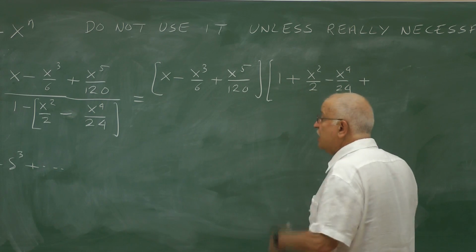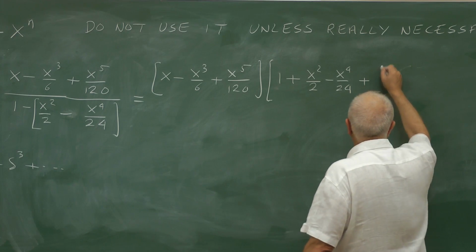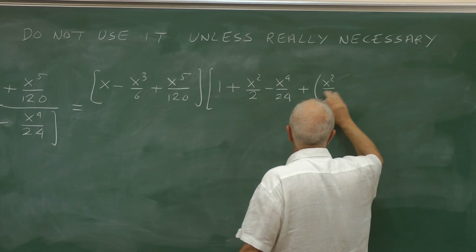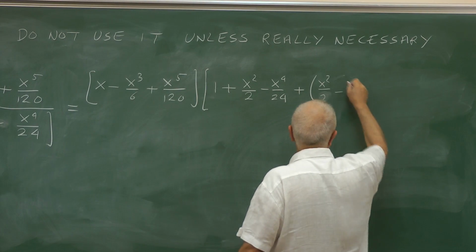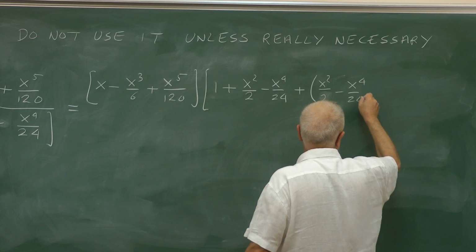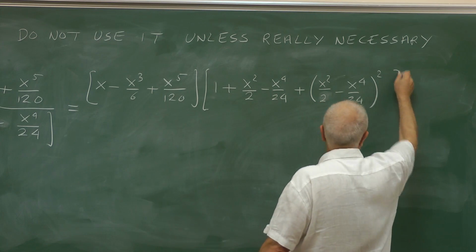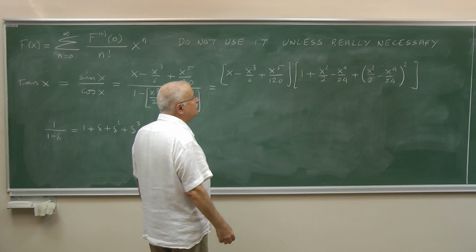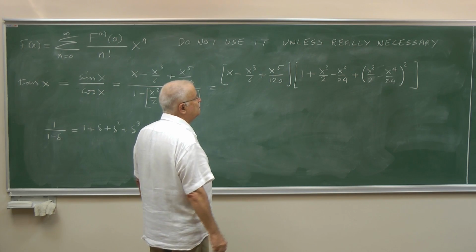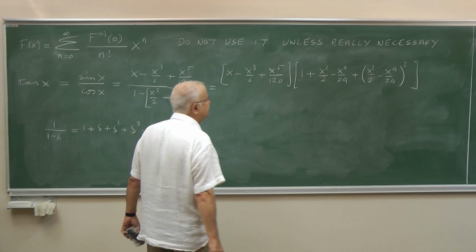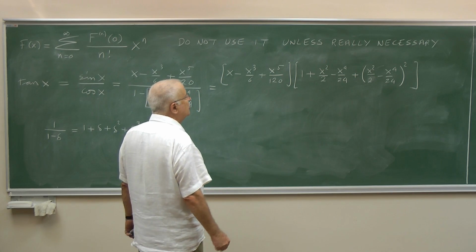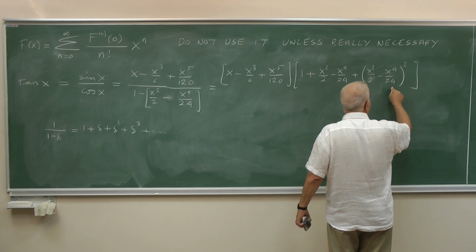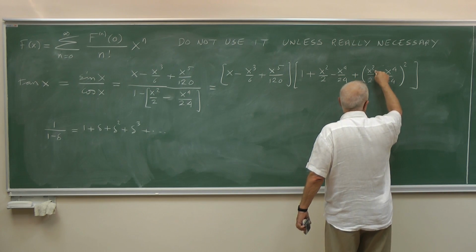plus delta square, x squared over 2 minus x to the 4th over 24 squared. This is actually simpler because here, in expanding this, I'll have a term x to the 4th over 4.